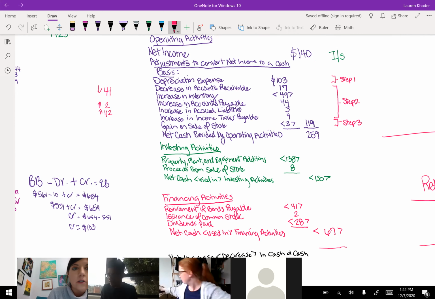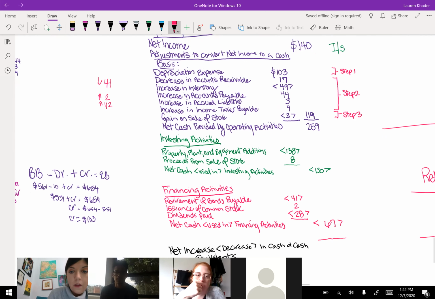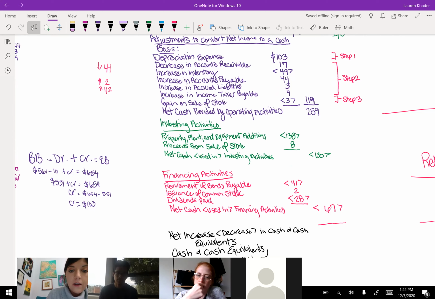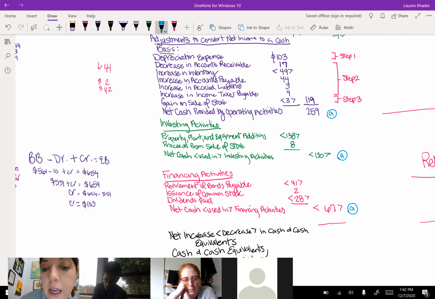I'm just going to go here because I actually wrote smaller than I usually do. And this next line is net increase or decrease in cash and cash equivalents. So we're going to take, and I'll put the letters next to it so you can see it, you're going to net out the 259, net cash provided by operating activities, net cash used in investing activities, and net cash used in financing activities to calculate the net increase or decrease in cash.